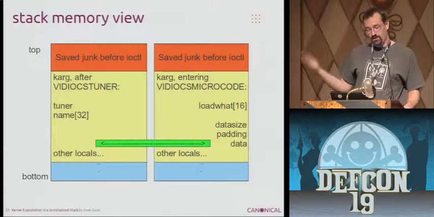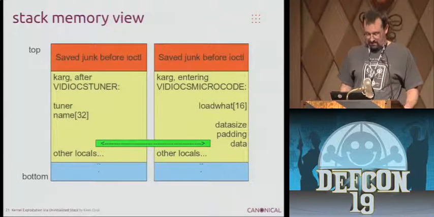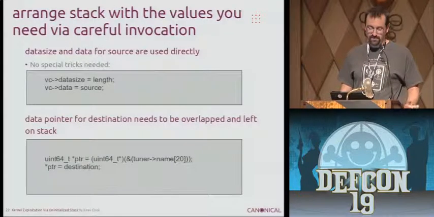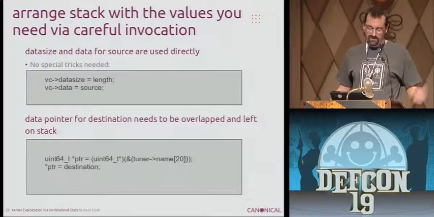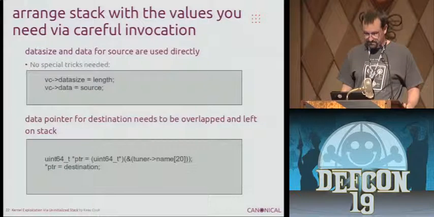And then we can go and call the microcode function, and whatever was there will end up inside the data field. There are no special tricks for data size and for the length and source that we're doing. The only thing we need to do is calculate, and that's the C for just quickly calculating where we are offset inside the other structure.